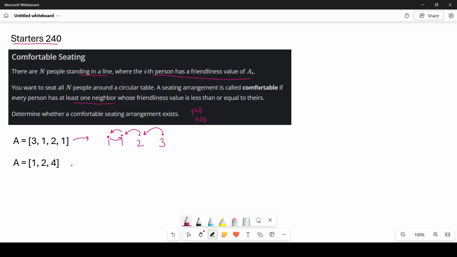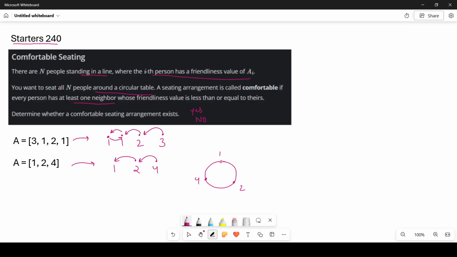If you consider this case and sort it, then it will look like this. This has a neighbor which has a value less than or equal to its value, and this one also has such a neighbor. As the question specifies, there is a circular table. So if you represent it on a circle, this 1 will be here, this 2 will be here, this 4 will be here.